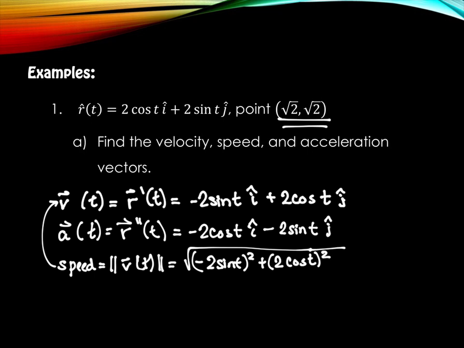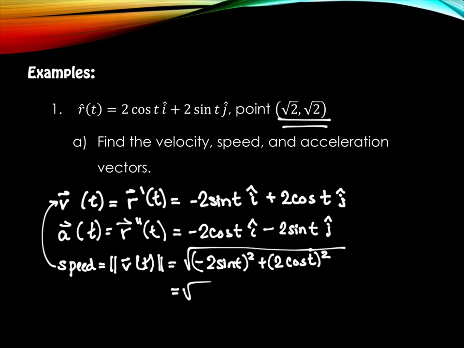Good. Let's try that again. Okay, we're going to figure out the square root 2 still, right? But let's go ahead and simplify this because it's not too bad. If this were uglier, it might be to our advantage to plug in the square root 2 first, and we could do it in that order and it would be okay. But generically, we don't always have a point given to us, so I'm going to do it as though we didn't have that point first.